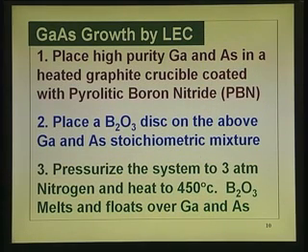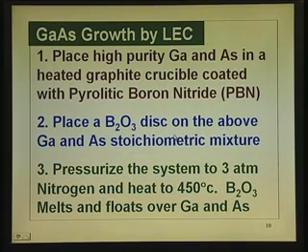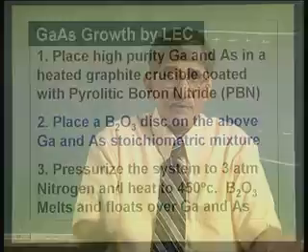Let us go back to that. So, place B2O3 disc on the above gallium and arsenic stoichiometric mixture, 50% by weight of gallium and arsenic, 50-50, okay. That you put, and then put this cap, and here you see it as a disc actually, it is not yet melted. So, the system, its whole thing is the system, enclosed system.